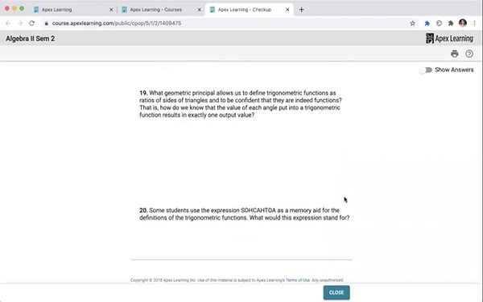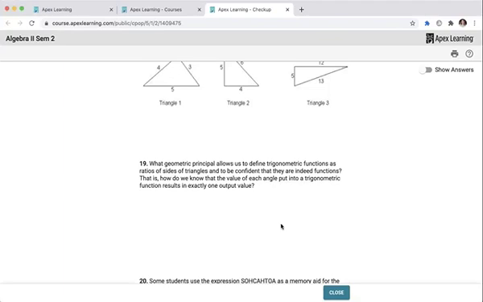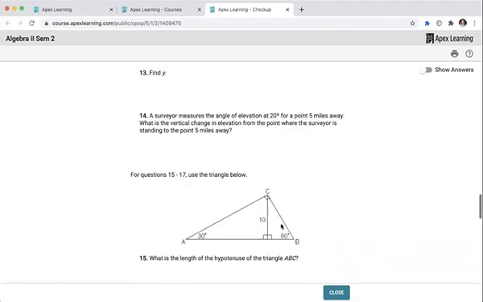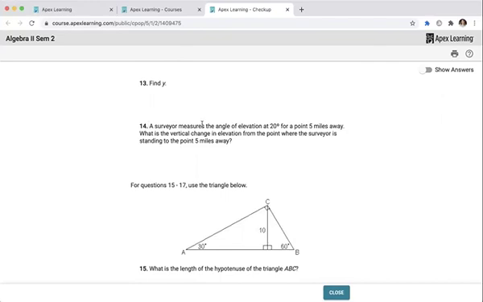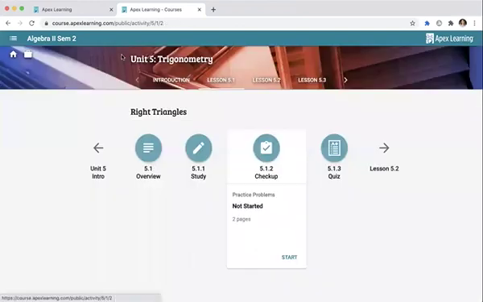So when you get to a word problem here, like this one, number 14, all you have to do is draw a picture. And the picture should start with a right triangle, because that's what we're dealing with in this entire unit. So that's going to be my key to help you out. Draw yourself a picture, and the picture should start with a right triangle.